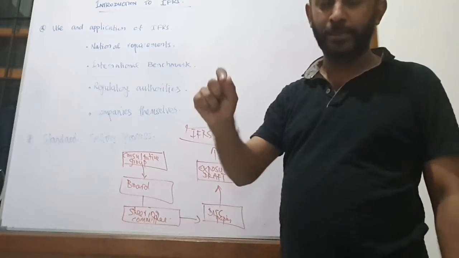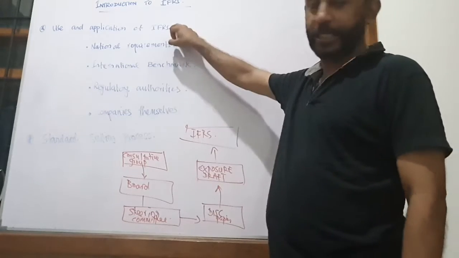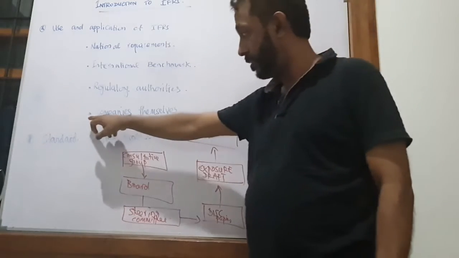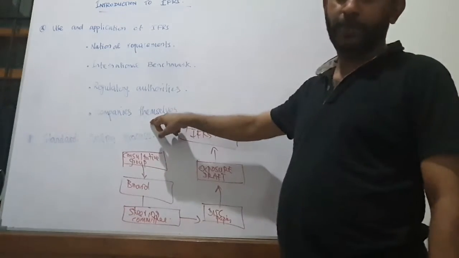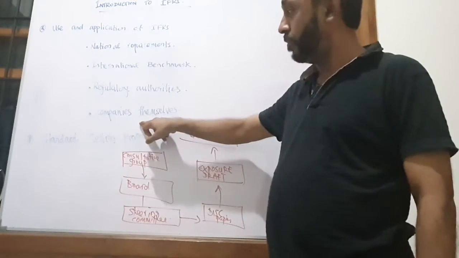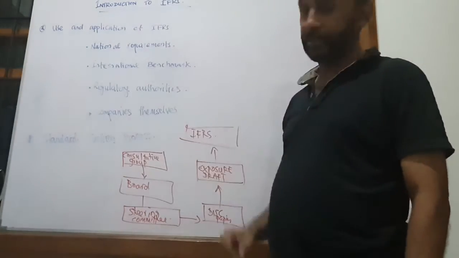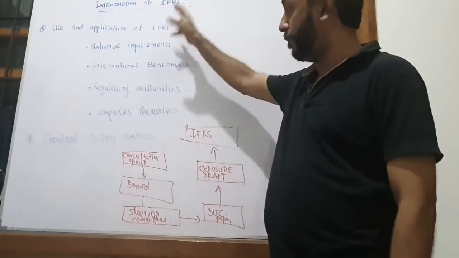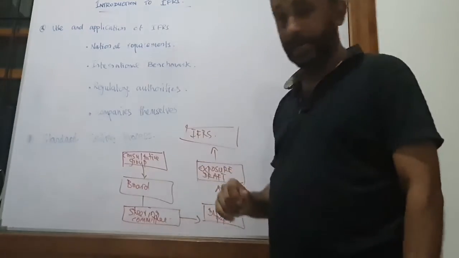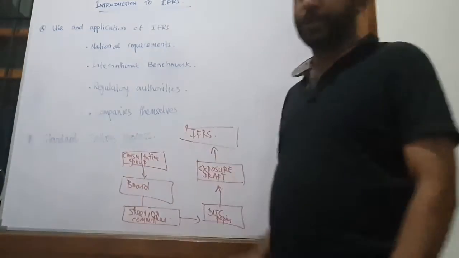They make it compulsory to comply with IFRS. And every company itself needs to follow IFRS. So these are some of the uses and applications. Now next we will try to understand the standard setting process.